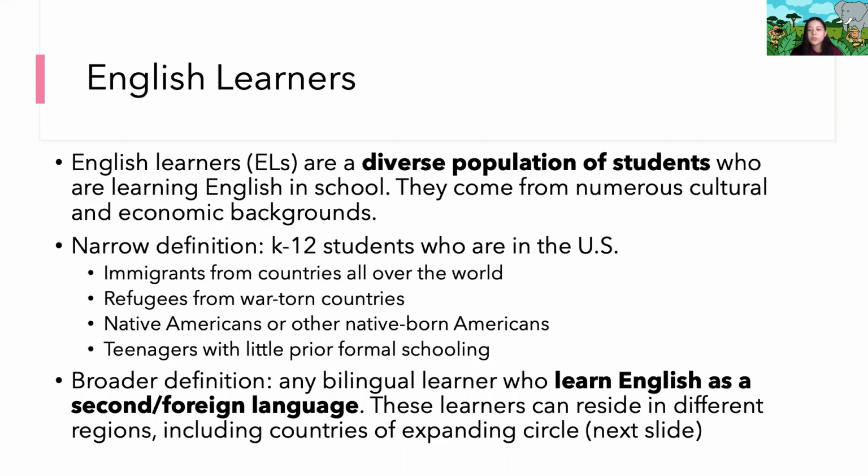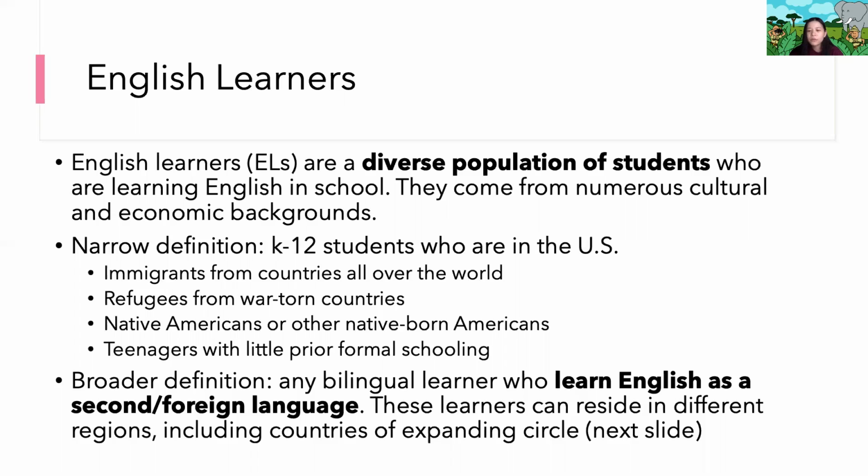Even though the students are in the same country, they are quite diverse. They might be immigrants from countries all over the world. They can be refugees from war-torn countries. They can be Native Americans or other native-born Americans, or they can be children or teenagers who have little prior formal schooling.